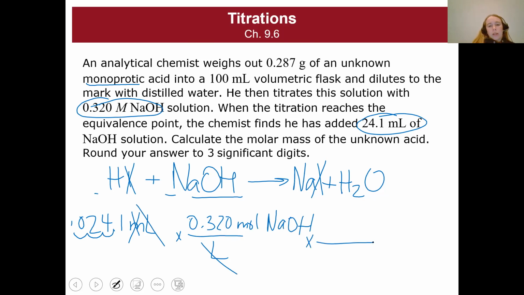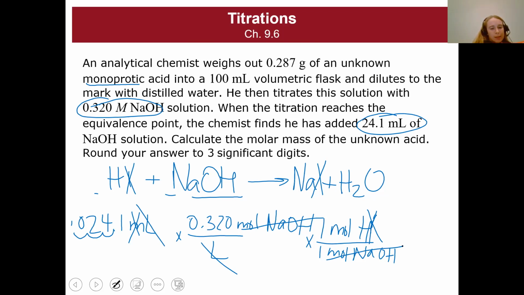So this is also moles of HX. This is our moles of HX. We don't know what it is yet. So moles of sodium hydroxide cancel out, and we end up with moles of HX.